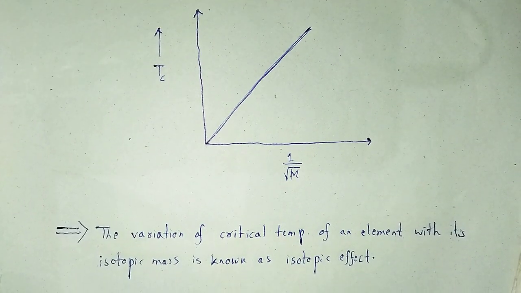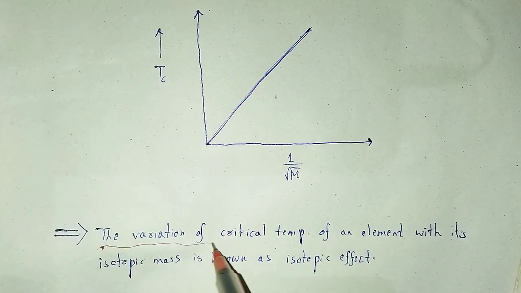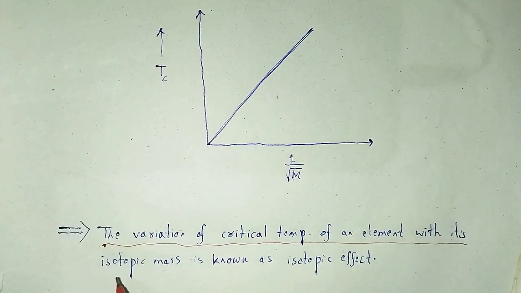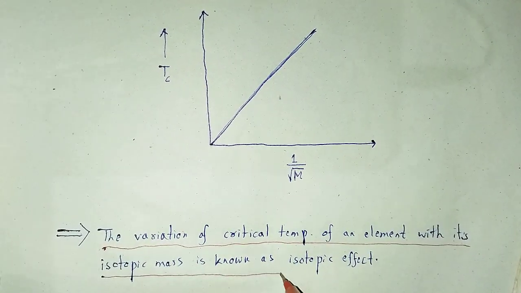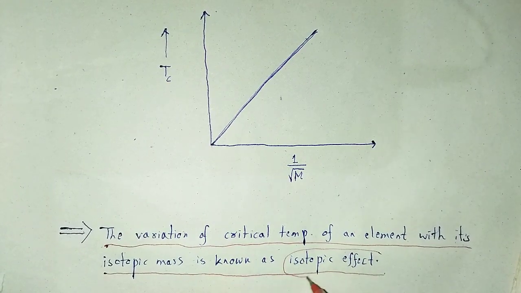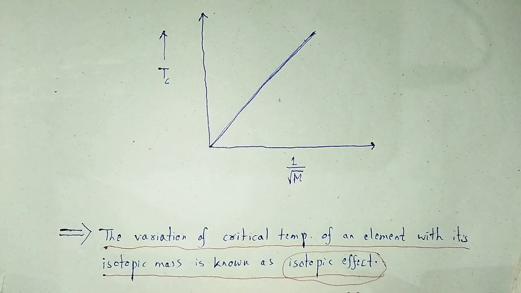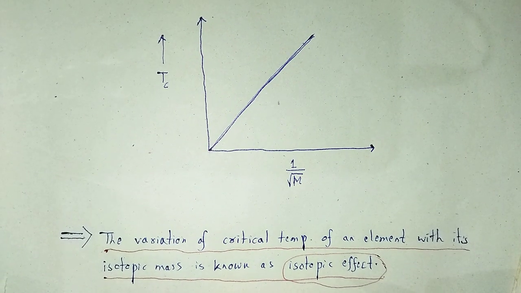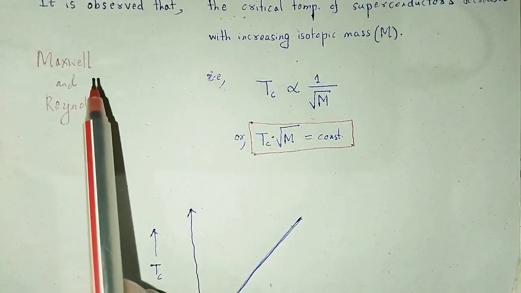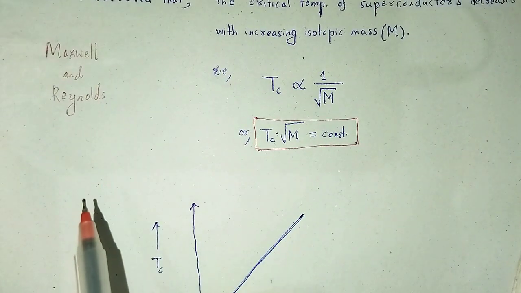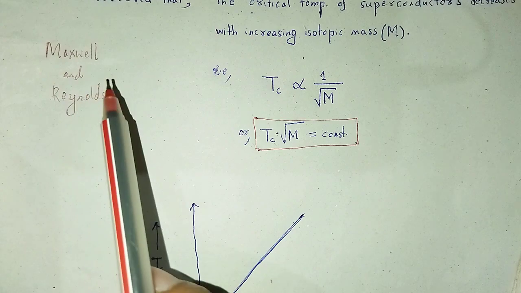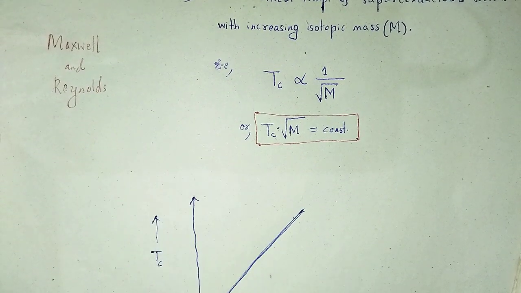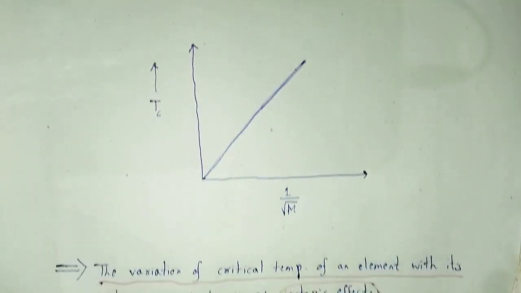This isotopic effect was first observed by these two scientists, Maxwell and Reynolds, in the case of mercury.